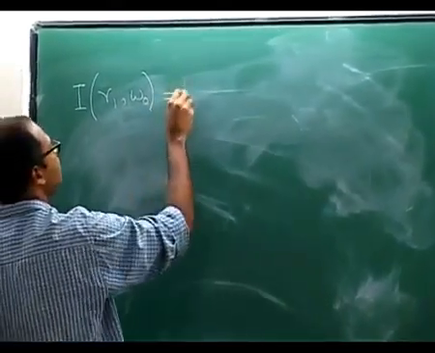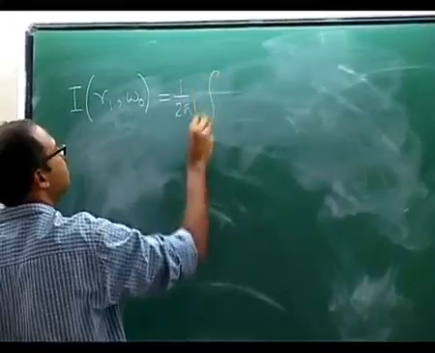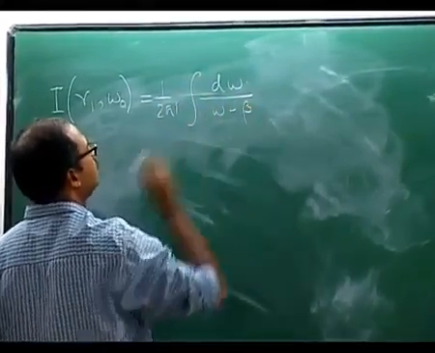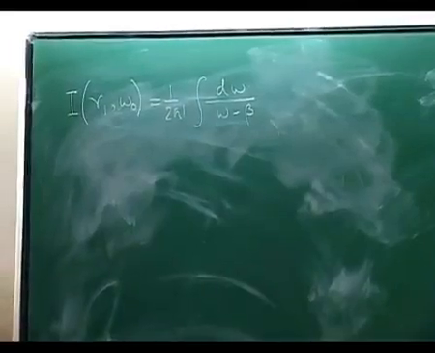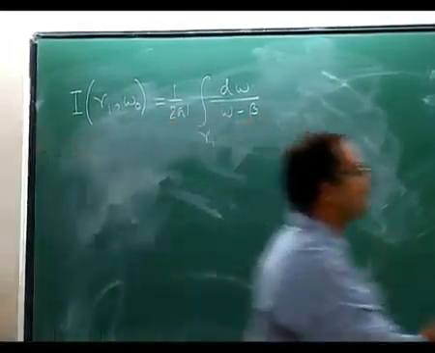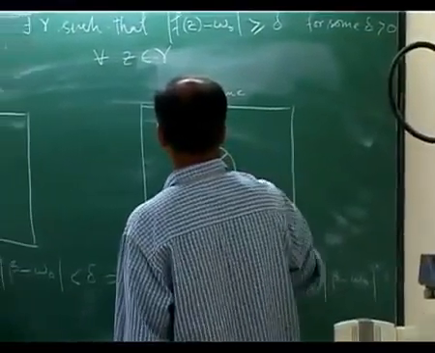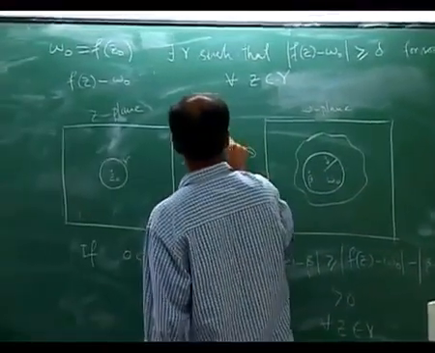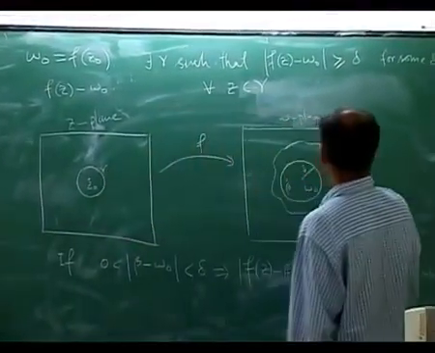By definition, it is 1 over 2 pi i times the integral of dw by w minus w naught. Say gamma 1 is the image curve, so it will be somewhere here. This is the function f, which takes gamma to gamma 1.